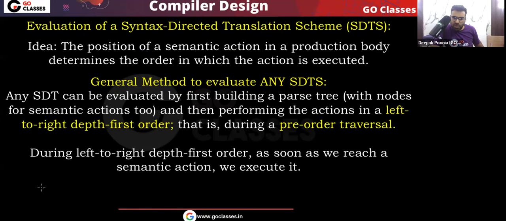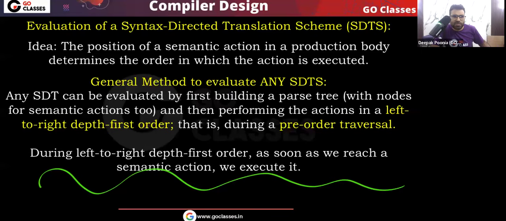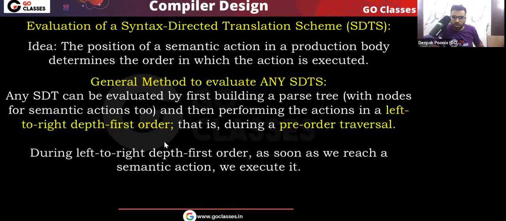So the order in which semantic actions will be executed is determined by the position of the semantic action in the production body. Now let's see the general method to evaluate any syntax directed translation scheme.